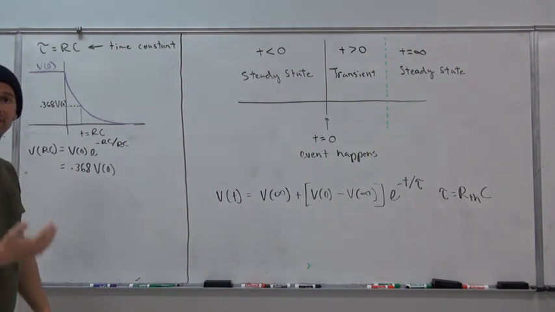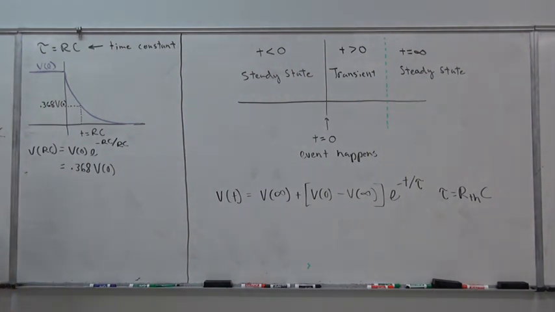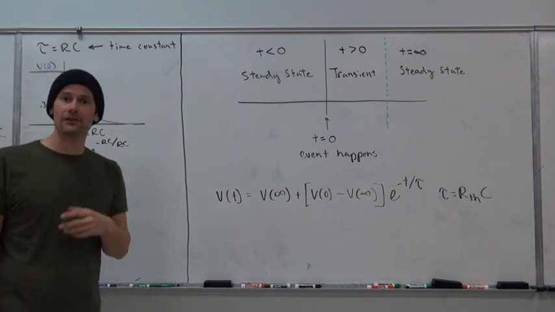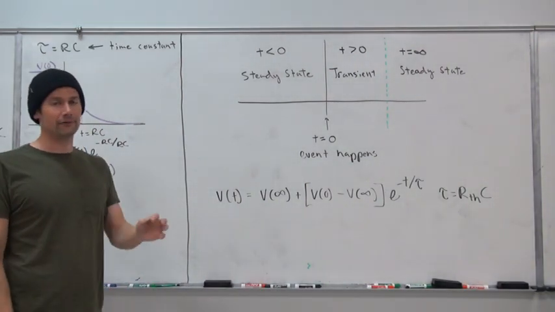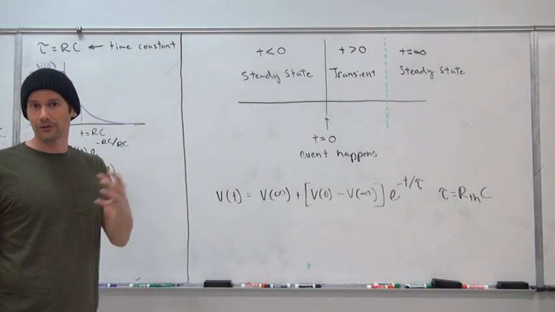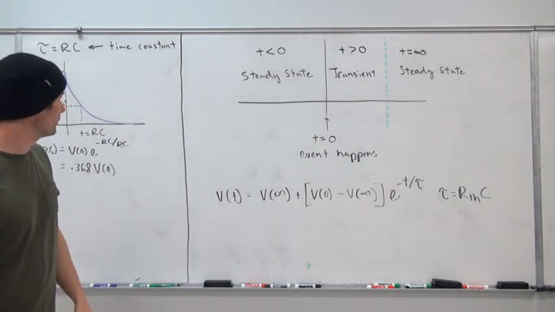Now, I mentioned something called the time constant just a bit ago. What is a time constant? Well, this little guy right here, negative t divided by RC. Well, 1 over RC, as you will see in differential equations, is the root of the characteristic equation of that differential equation itself, in this case the first order.